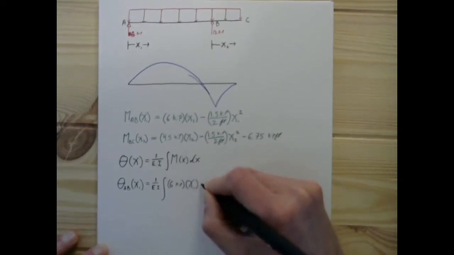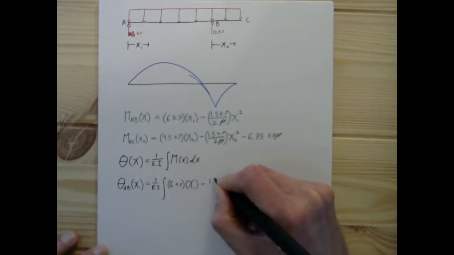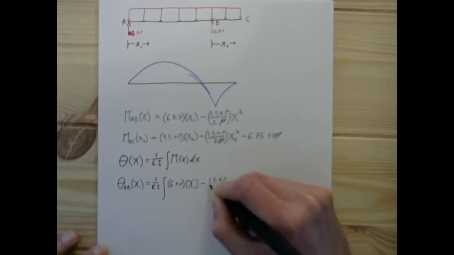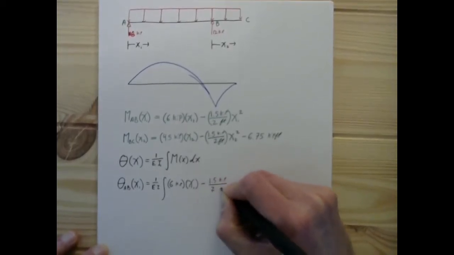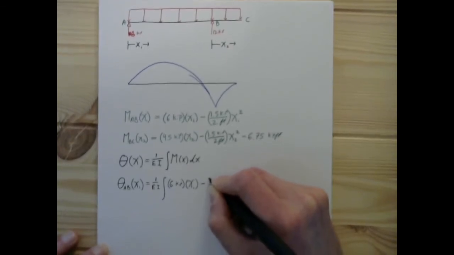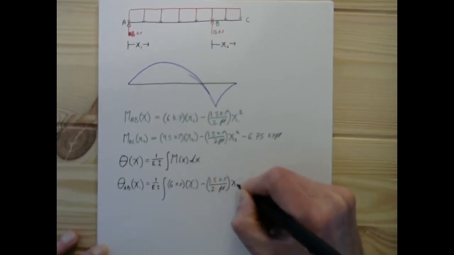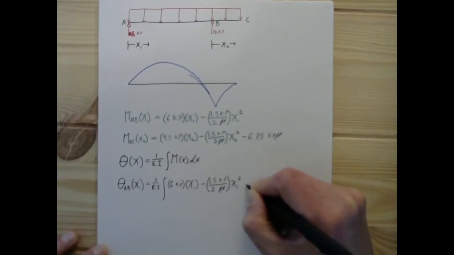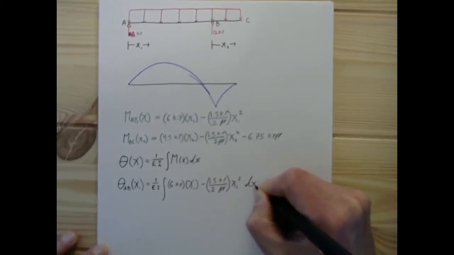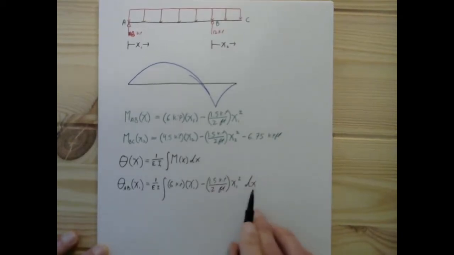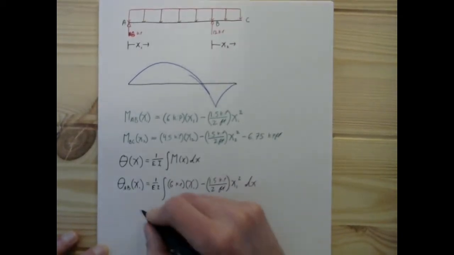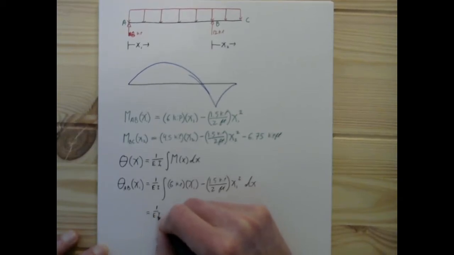So writing that out, minus 1.5 kips divided by 2 feet. Just go ahead and move that feet down there. x1 squared. No constant of integration for this one. And that's going to equal 1 over Young's modulus and the second moment.